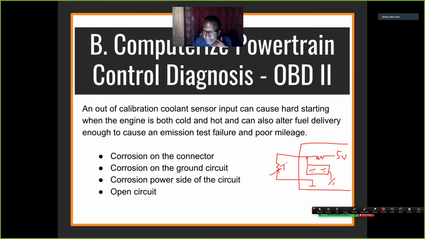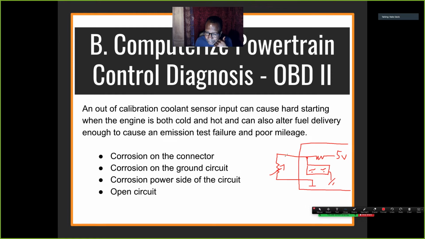Any additional resistance on this line, from this line through that resistor to ground, it's going to be high. It's going to have a higher voltage drop. And on a thermistor, a higher voltage drop would be a colder car. So if I had corrosion on the connector, colder car. Higher resistance on the ground circuit, colder car.